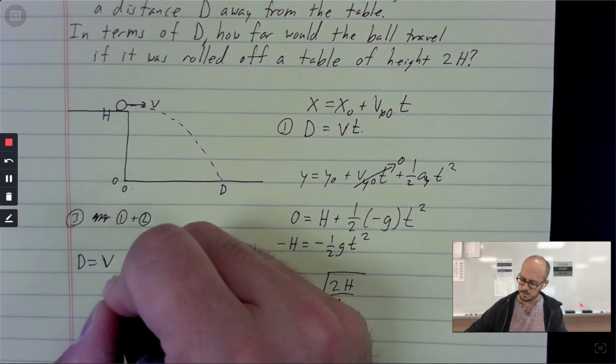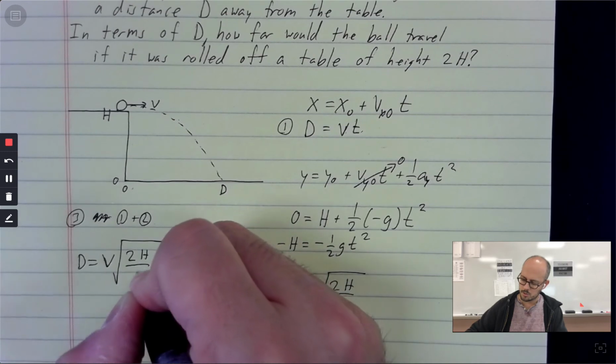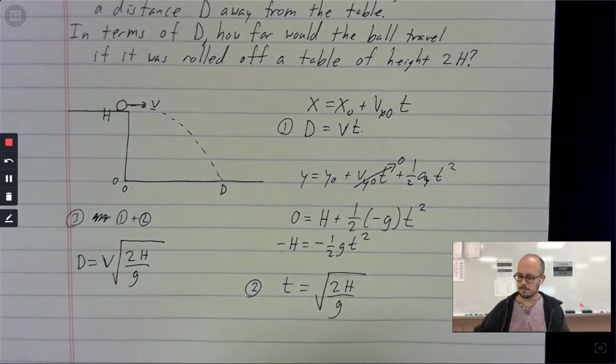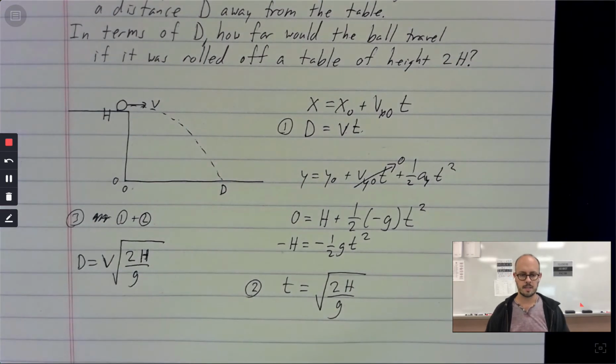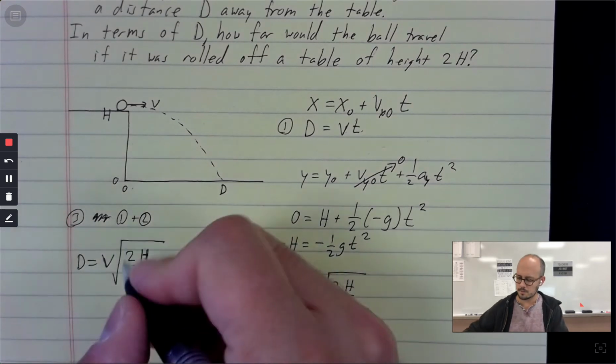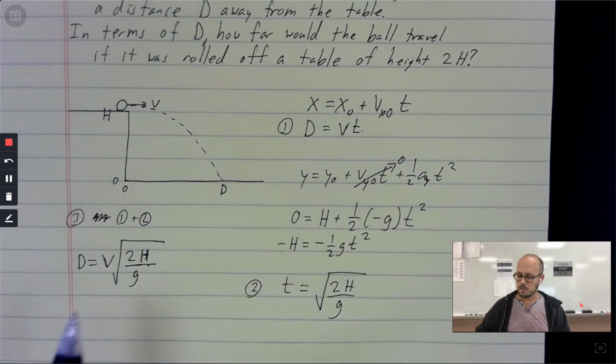So the distance is equal to v times the square root of 2h over g. A separate question I did not ask was derive an equation for d in terms of v and h and any other fundamental constants, of which g is one. So here's an expression that you can use. You can really use this one or this one to figure things out.